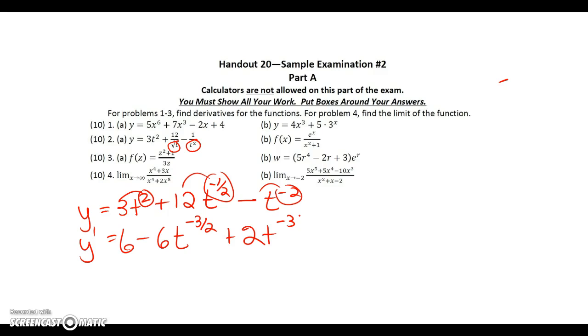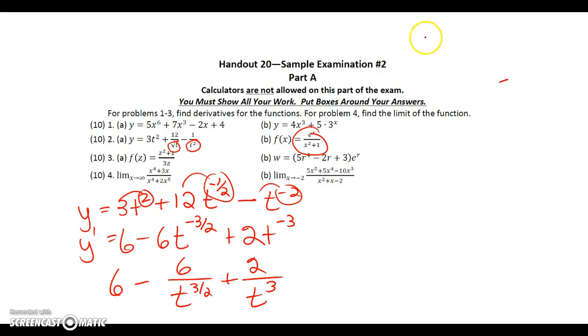If I rewrite that so that I don't have negative exponents, I'll have 6 minus 6 over t to the 3/2 plus 2 over t to the 3rd. And that is the answer that the teacher had. So let's look at B.